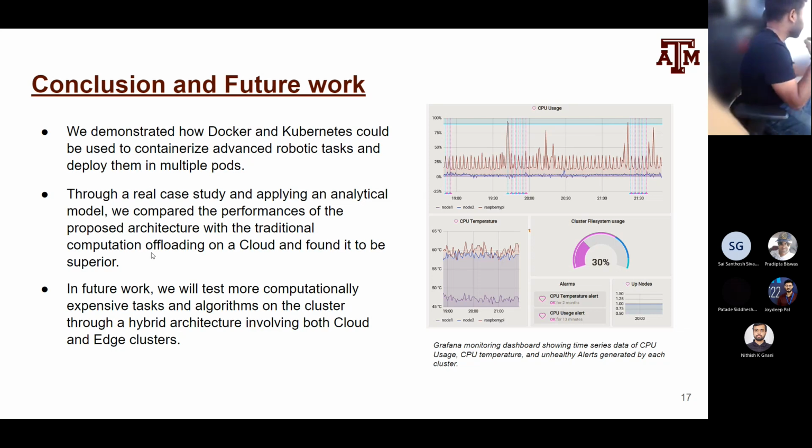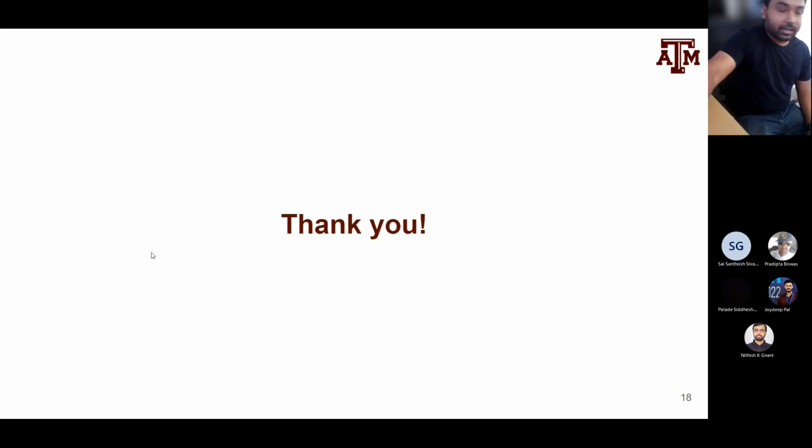But there is a problem of cost and network bandwidth. So we have to come up with a trade-off of which tasks should go on the edge and which on the cloud. We want to implement a reinforcement learning based technique to determine which should go on the cloud and which on the edge. That work is still in progress. So yeah, that is it for now.